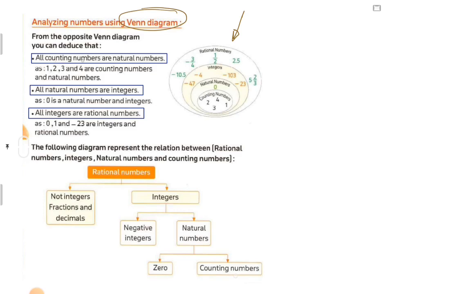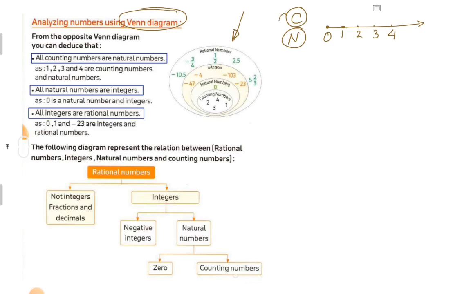We know counting numbers start with 1, 2, 3, 4, but natural numbers start with 0, 1, 2, 3, 4. So I have the counting numbers 1, 2, 3, 4. The counting numbers C are the smallest set of numbers. If I add to it 0, now I get natural numbers.